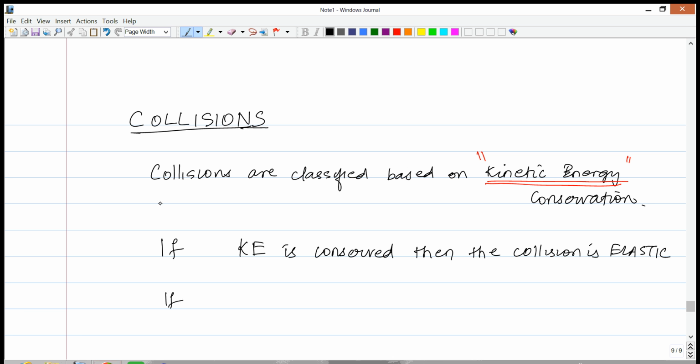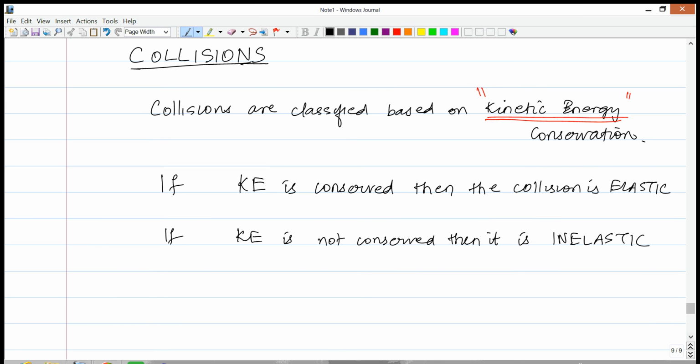Now if KE is not conserved, which means the kinetic energy before the collision is not equal to the kinetic energy after the collision, then the collision is inelastic. Great. So now that we have our two collisions, elastic and inelastic, let's explore each kind and see what we need to do.